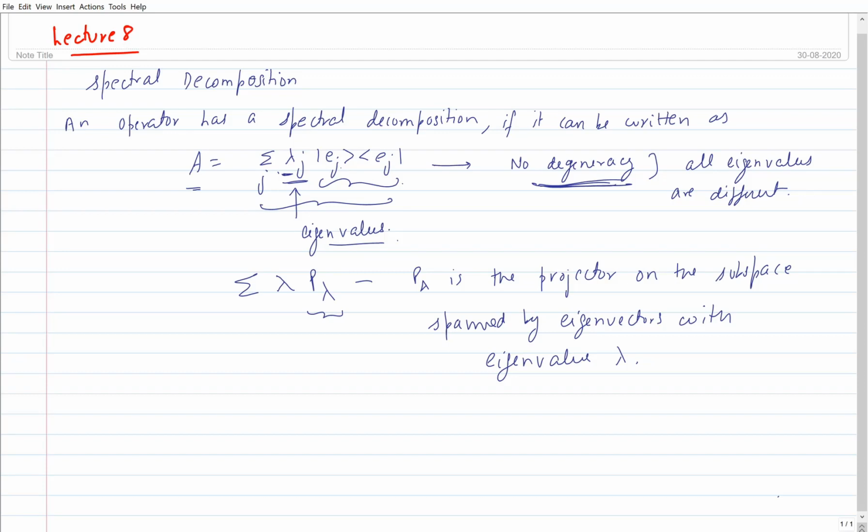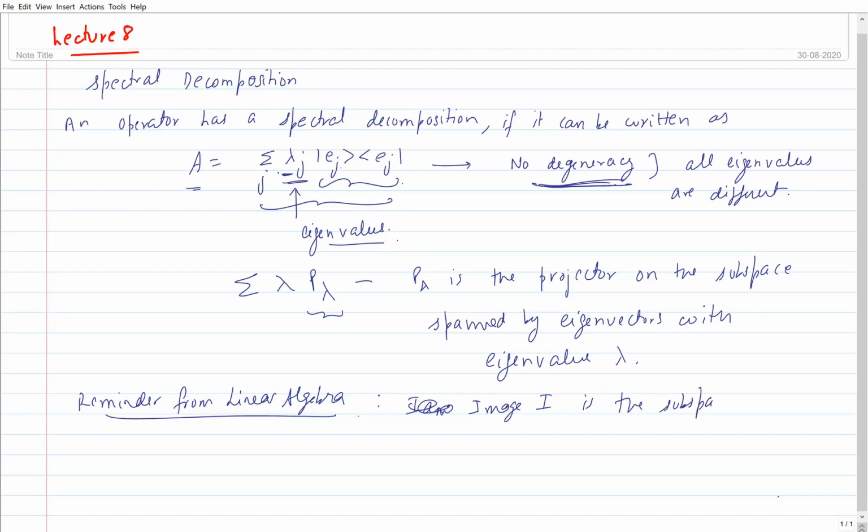So, okay, just as a reminder from linear algebra, the image I is the subspace spanned by eigenvectors with non-zero eigenvalue.